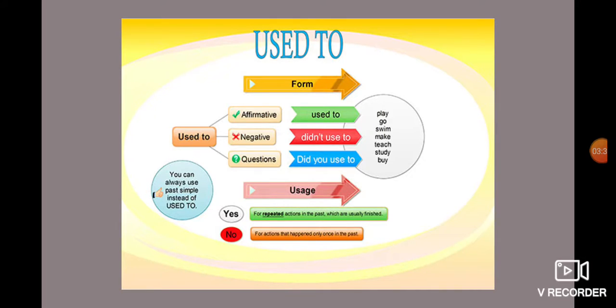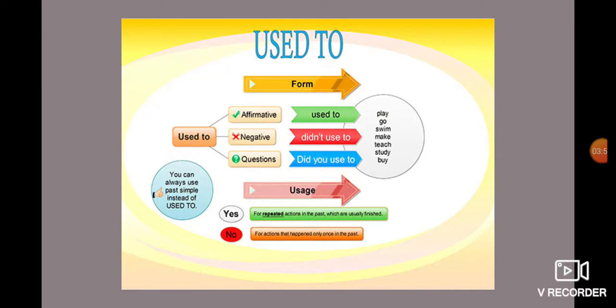So what is the usage? For example, for repeating actions in the past which are usually finished. That means this action you repeated a long time ago, but right now you don't repeat. You don't use this expression for an action that happened only once in the past.